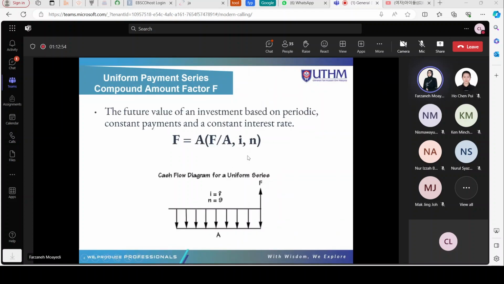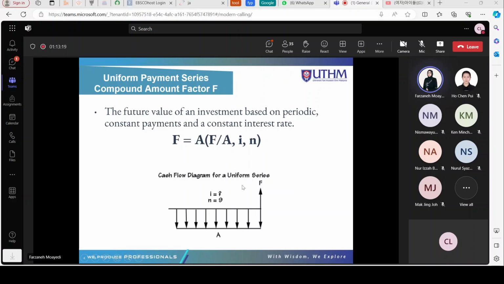Similarly with this, the only difference is that this is for the F, for the future. The future value of an investment based on periodic constant payment and a constant interest rate. So we have F equal A, F slash A, the I, which is the interest, and the N, which is duration.